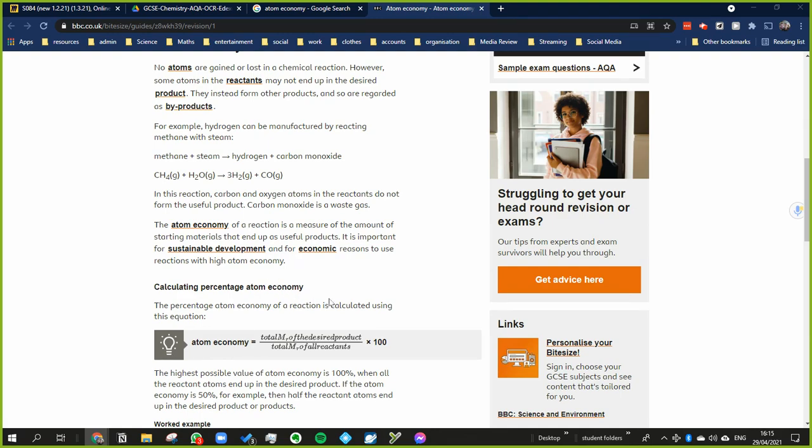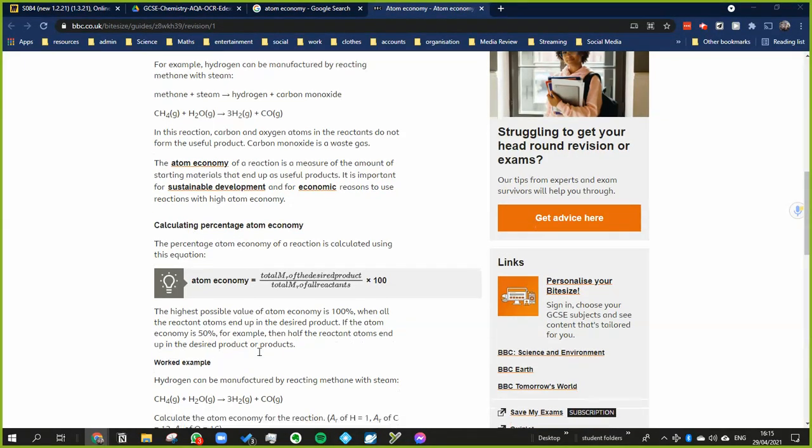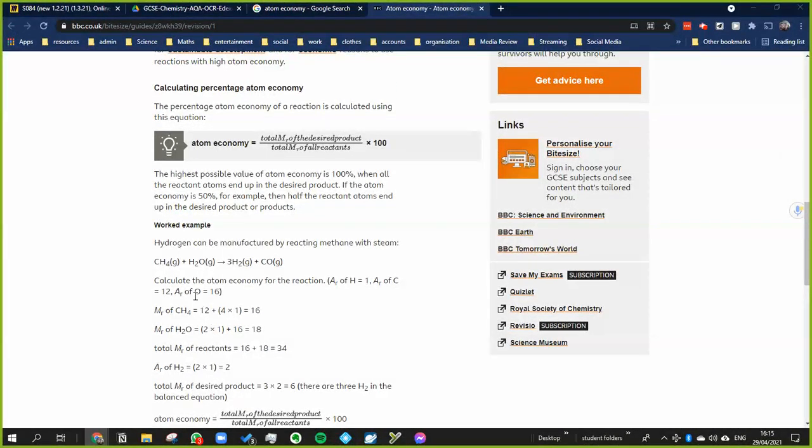So what kind of things are we using to measure this? I'm pretty sure it's going to be moles rather than mass. We'll have to see here. Let's have a look. It's Ar and Mr. Hang on a second.